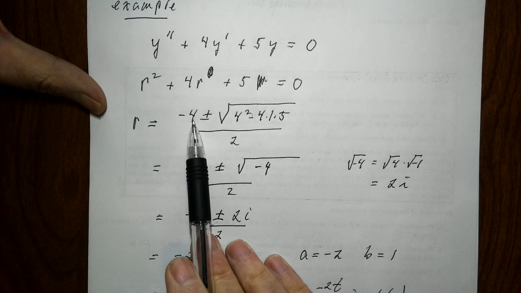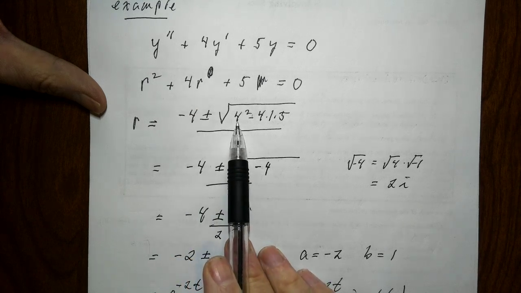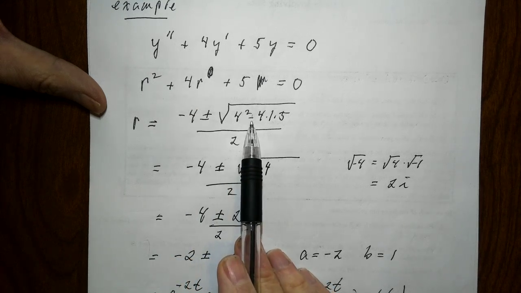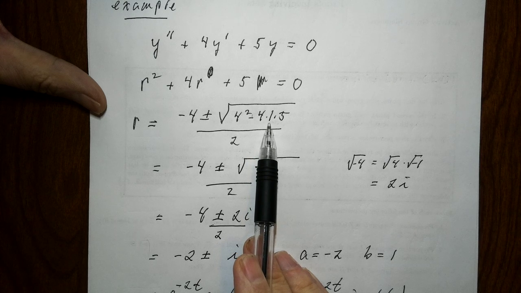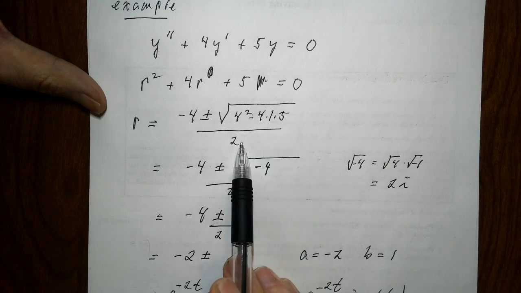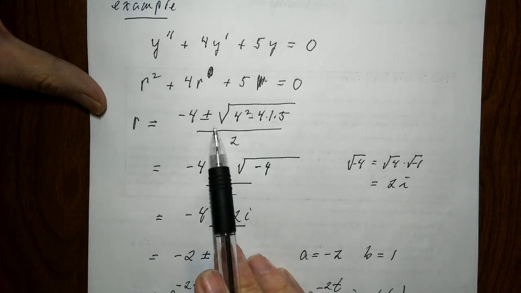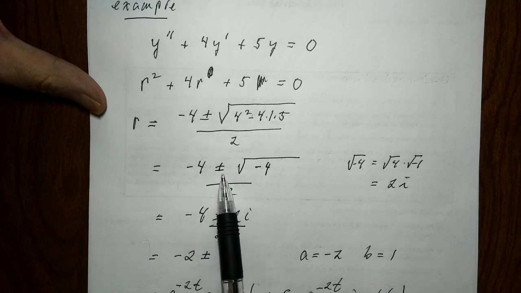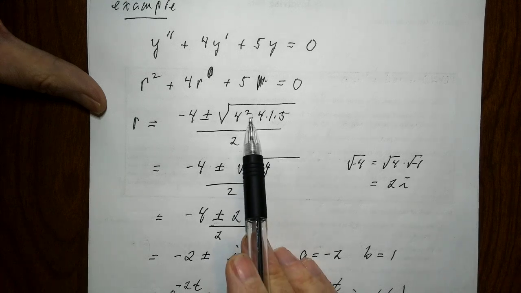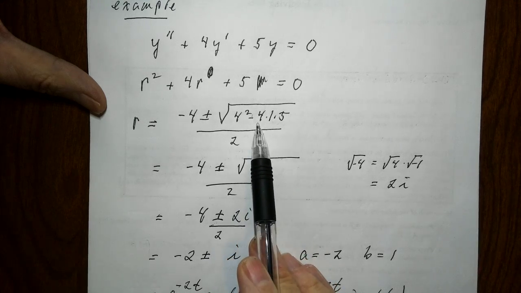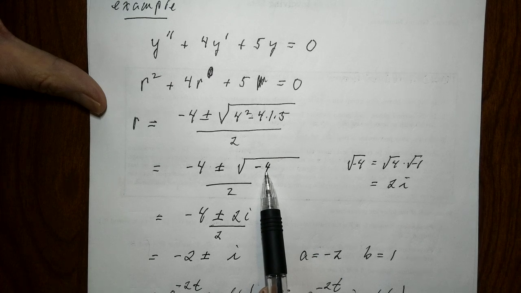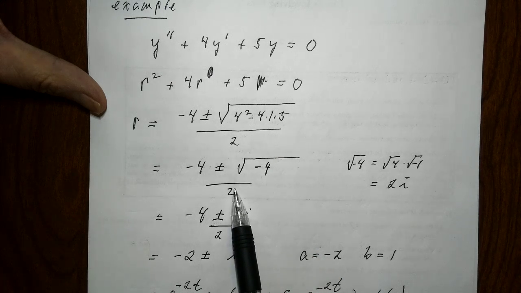So we have minus b plus or minus the square root of b squared minus 4ac all over 2a. So this is minus 4 plus or minus, under the square root, we're going to have 16 minus 20, which is minus 4. All of this will be divided by 2.